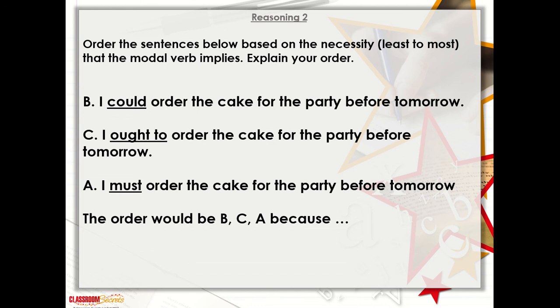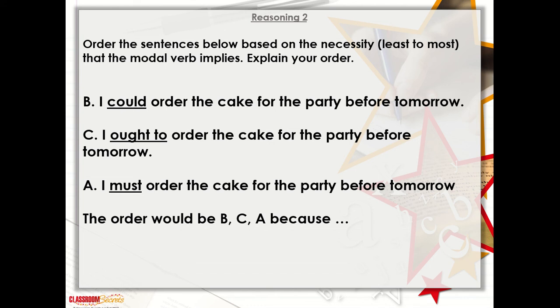So that's the least. I ought to do it. I should do it. That sounds a bit more urgent. So that's the second one. And then the last one is I must do it. So that sounds more urgent, more important. So that's least to most. Now, I have to explain my order, and what I expect to see from you is a written explanation of why you have put them in that order.